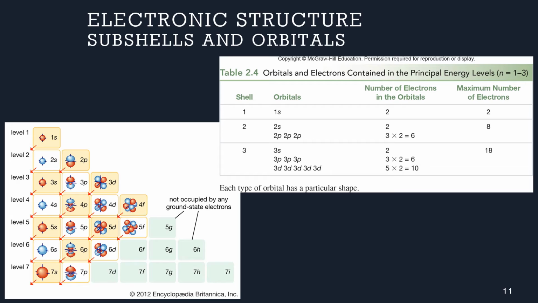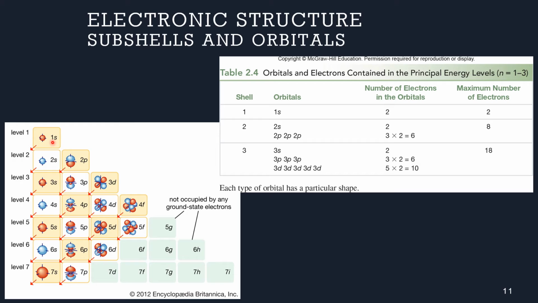All right, so if you are given the number of electrons in an atom, you can start plugging these into the electron structure and plugging these electrons into subshells and orbitals and all of that. All right, so level 1, we have 1s.